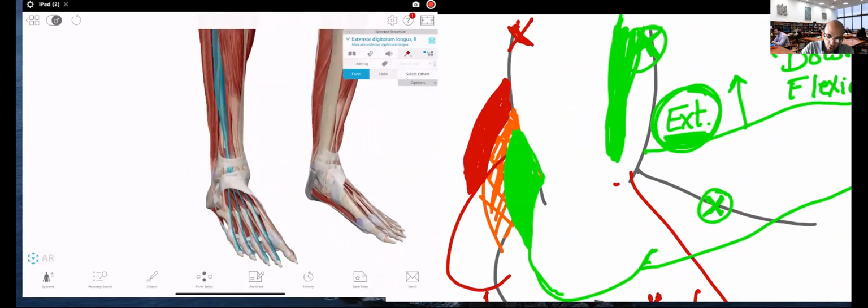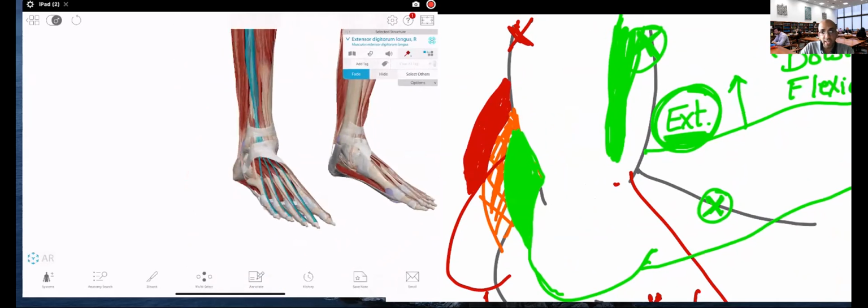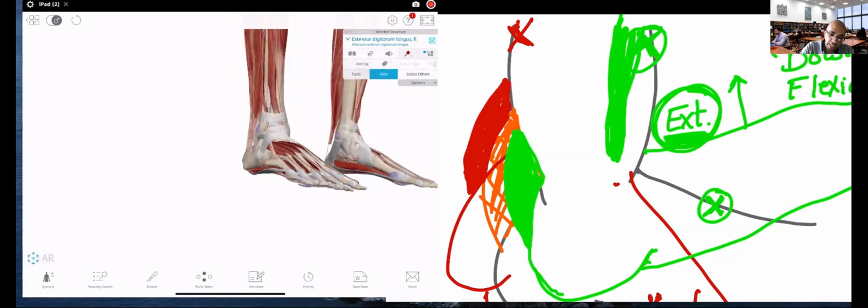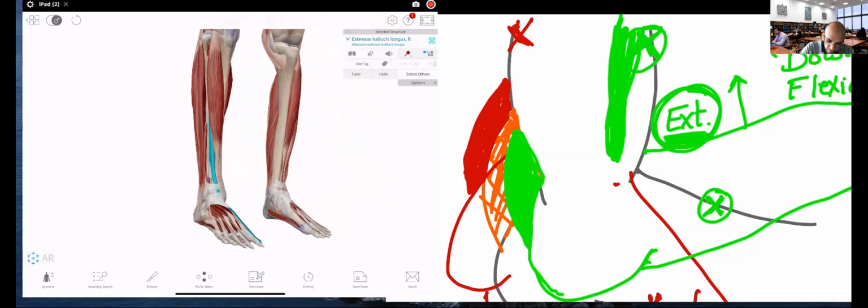And am I only applying my movement on the ankle joint? No, I'm applying the movement also on the lateral four toes. So I'm pulling the lateral four toes up and helping with the dorsiflexion also of the ankle joint. So what do we call this muscle on here? It's going to be my extensor digitorum. It seems that I removed it.